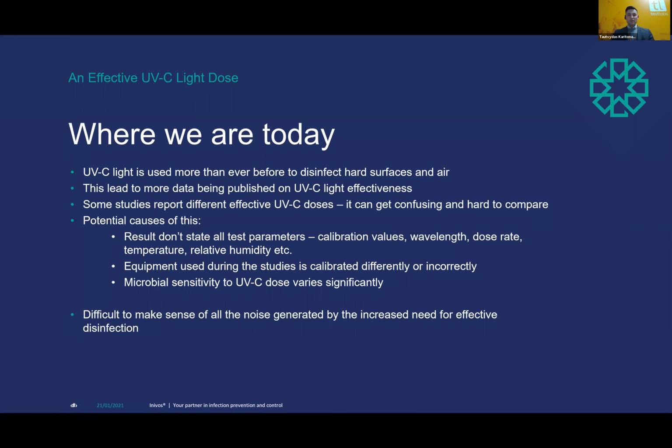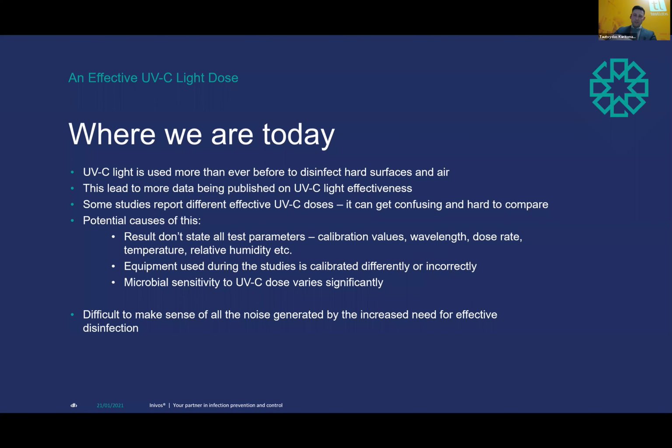The obvious problem is that if your current challenge is a coronavirus, which is evidently easy to kill, you get your Z value, and you're likely to use the same equipment or technology you've invested in to decontaminate future challenges, which may be C. diff or VRE. From what Enrico was saying, your Z values are different for those organisms, thus they are clearly impacted by all the different parameters. So how do we make sure that whatever we're using is actually fit for purpose?